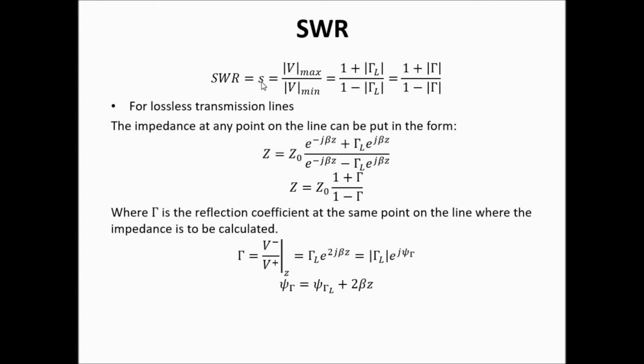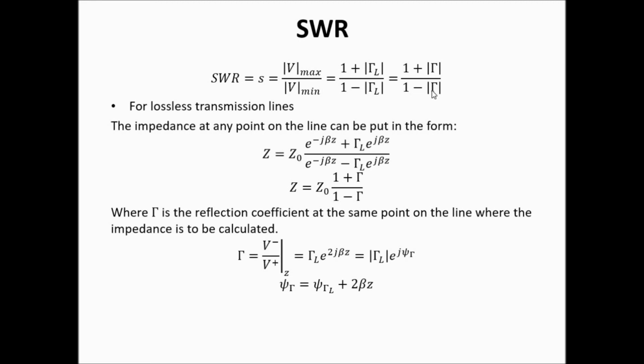Now let us find the standing wave ratio. We simply use lowercase s for SWR, and SWR is equal to the maximum magnitude of voltage over the minimum magnitude of voltage. We also can write it as (1 plus magnitude of gamma L) over (1 minus magnitude of gamma L), or simply, as you know, the magnitude of gamma L is equal to the magnitude of the reflection coefficient at any point.